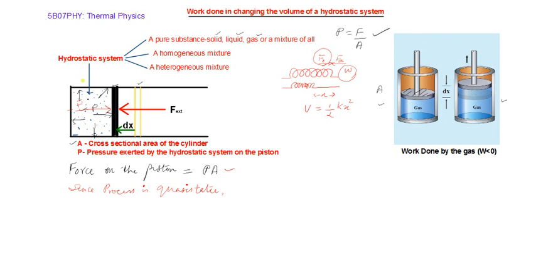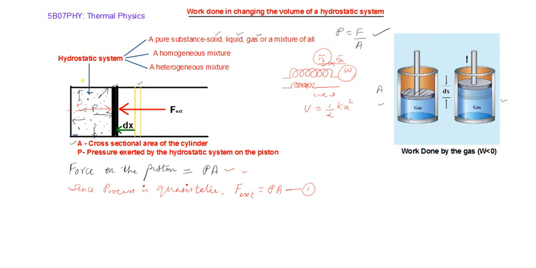Therefore, F external is also taken as pressure into area. I think you are able to understand the difference between the first equation, let me call that one, and the second one. See, F external equal to pressure into area, right? Where the pressure is the internal pressure, and area is the area of cross section of the piston, right?